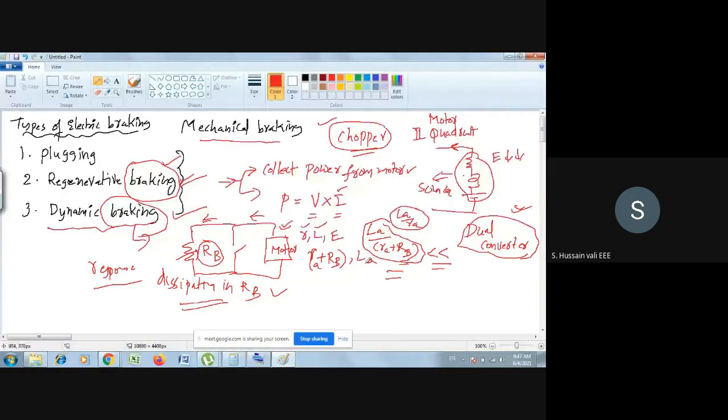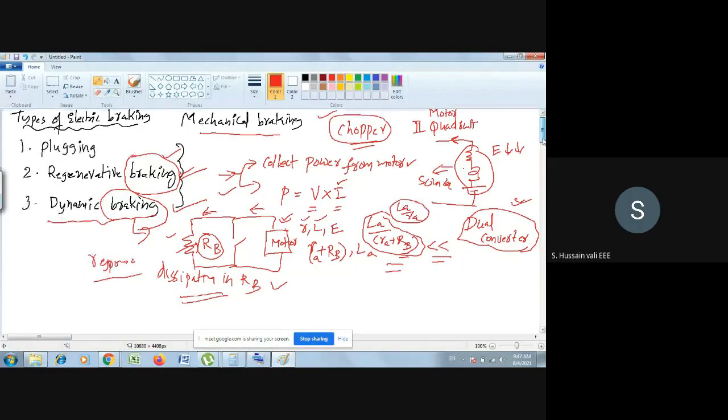These two methods we have already seen, and with these methods we have got some equations also in the choppers, whether it is a DC series motor or a separately excited motor. Both you have seen. Now we'll go to another method, that is plugging.